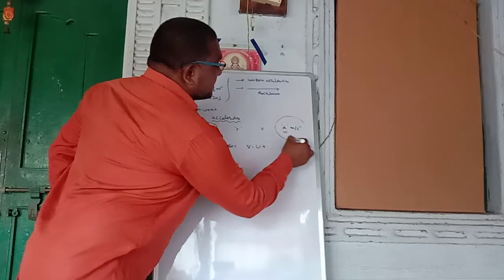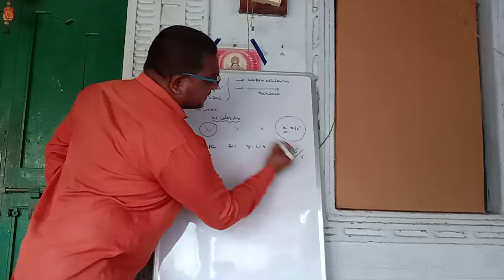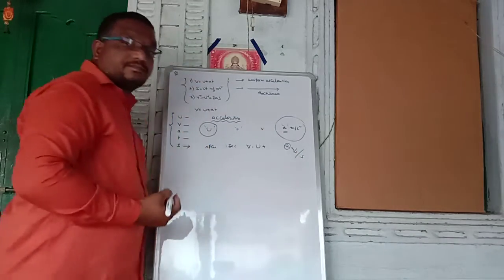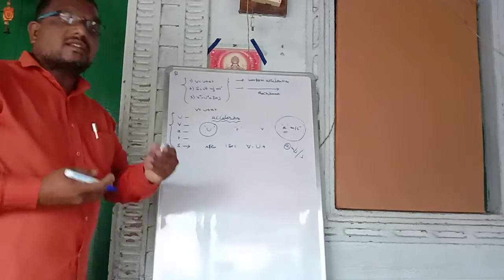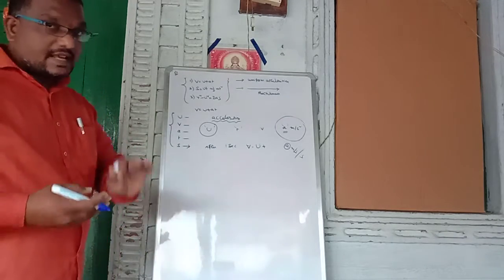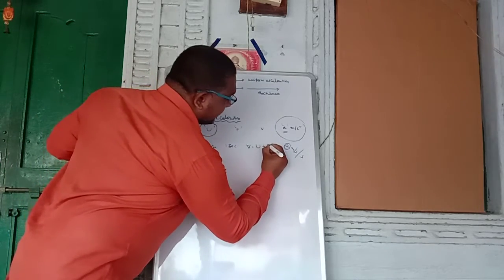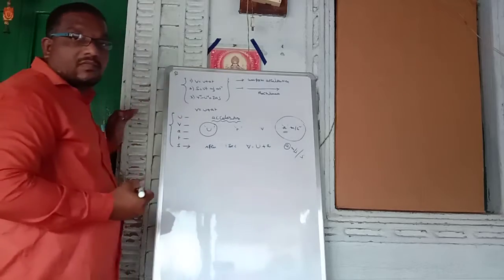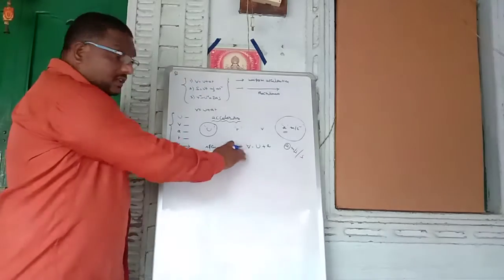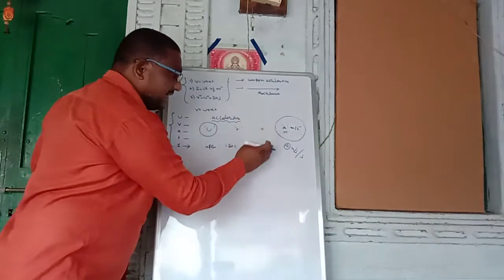Here a meter per second square means a meter per second. So the velocity of the body increased by a. Every second the velocity is increased by a meter per second. So after 1 second the final velocity of the body is u plus a.